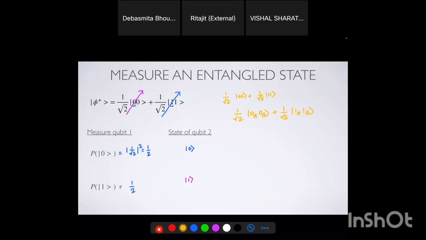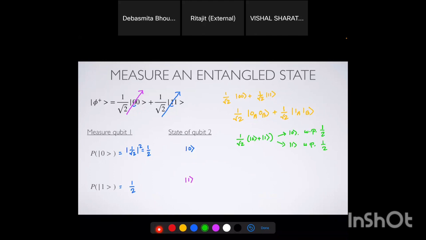Now remember, when we had the state 1 over root 2 (|0> + |1>), we said that we get the outcome 0 with probability half. So once we measure, the state is 0 with probability half, the state is 1 with probability half, the state has collapsed. The superposition no longer exists. The state is either 0 or 1.